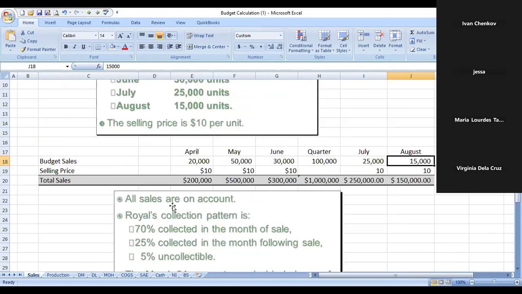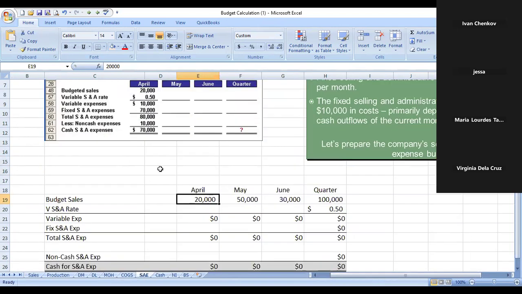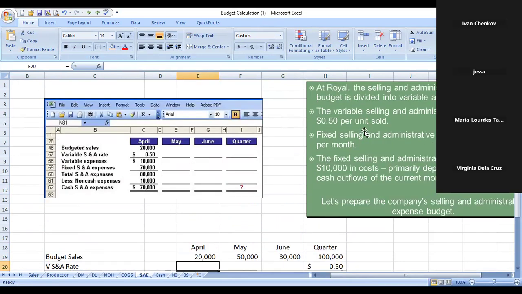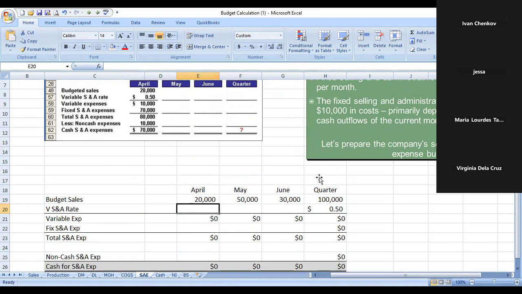How much we're selling, we plug it here. We know that our rate is 50 cents, so let's pay them those 50 cents. Our variable expense in April will be $10,000.